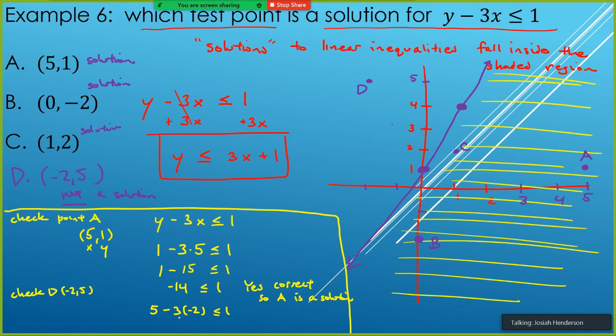That's positive. So this will be 3 times 2, 6. So 5 plus 6 is 11. Is 11 less than or equal to 1? No. 11 is greater than 1. So this is not true. So that means the point we plugged in, D, is not a solution.